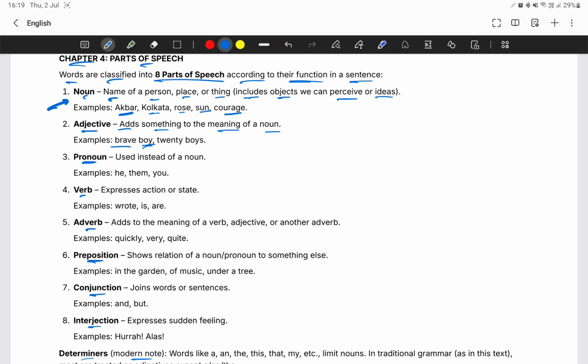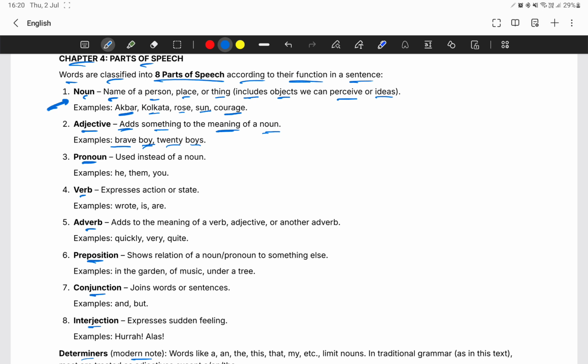So we just have to understand that adjective adds something to the meaning of a noun, that's it. Like we have twenty, there is a noun, but twenty tells us that we are twenty boys. We have a group, and that group has twenty boys. I mean, we just have to understand that this twenty provides much information about those boys.